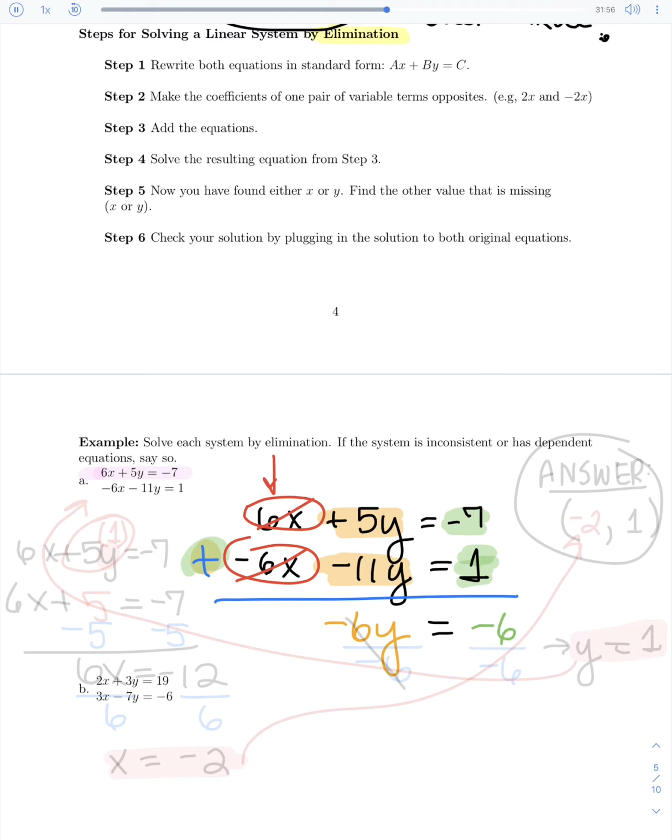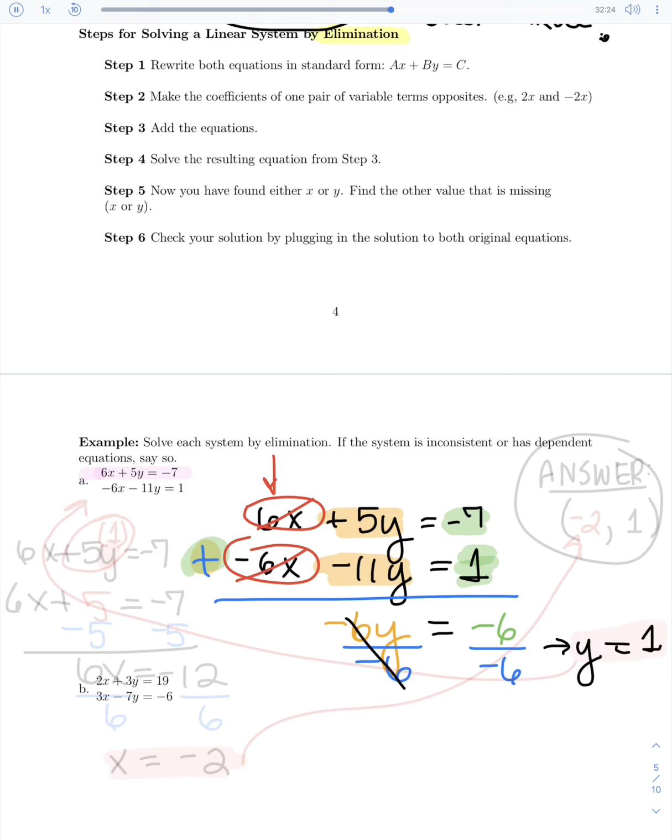Well, now I have a very nice equation that can be quickly solved. I can quickly solve this equation just by dividing both sides by a negative 6, which will give me that y equals, well, the negative 6's cancel first, and then negative 6 divided by negative 6 on the other side is just the number 1.